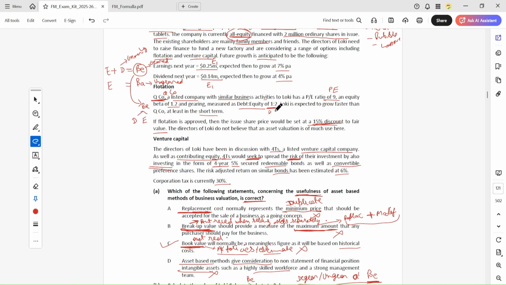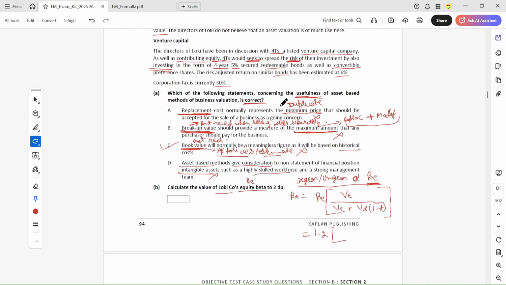Now this is debt and this is equity. Debt is 1 and equity is 2. This is the ratio we have been given, also called the value. 1.2 times 2 over 2 plus 1 times 1 minus the tax rate.